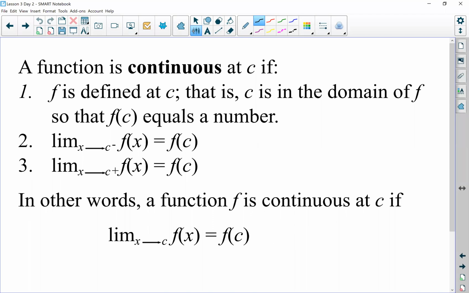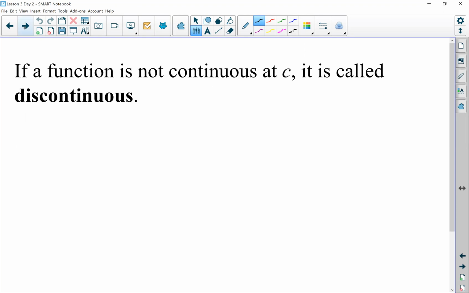It jumps from one value to the next. So that's continuous function. If a function is not continuous, we use the term discontinuous. So just a terminology piece there.